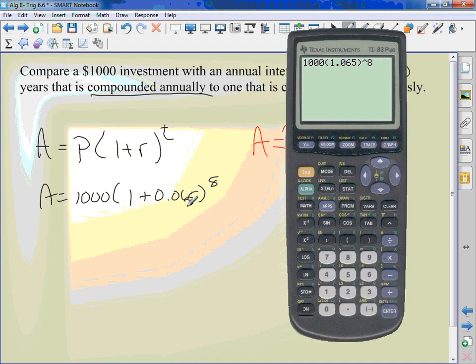I added the 1 and the 0.065. $1,654. No, it's going to be 55. That's how much money you have after 8 years.